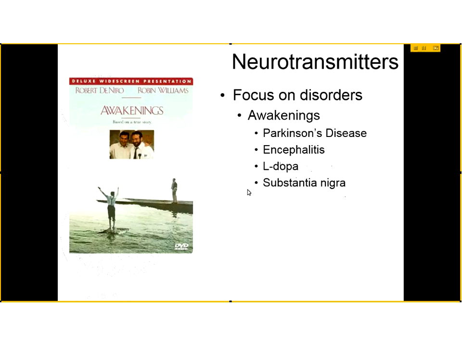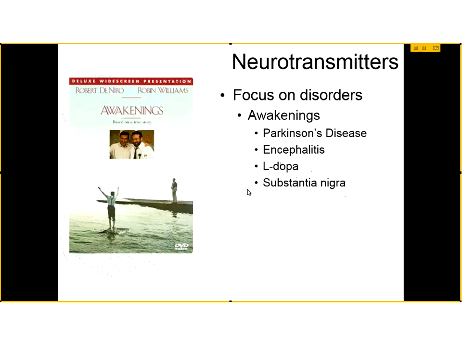So by increasing L-DOPA, that precursor chemical to dopamine, you're essentially going to get more dopamine made and increase the function of the substantia nigra and the basal ganglia.